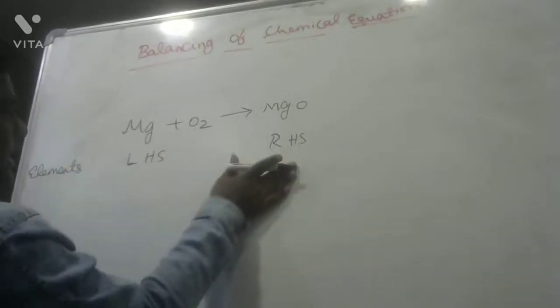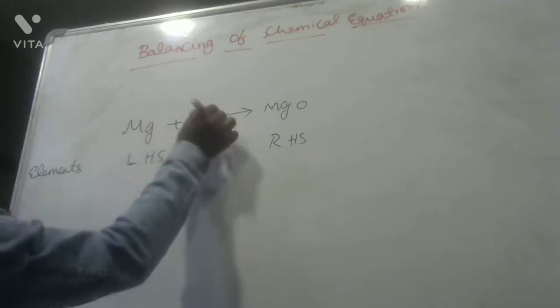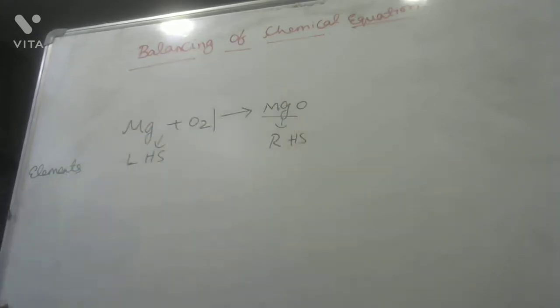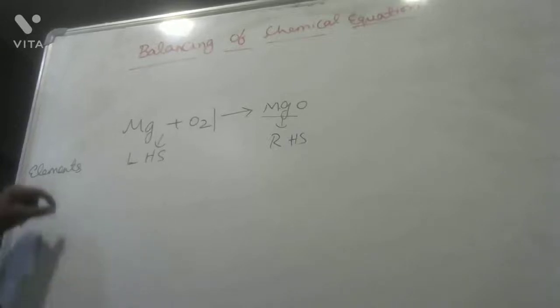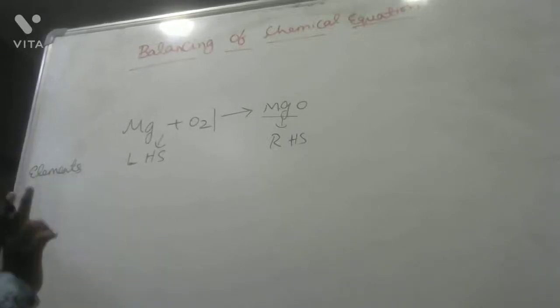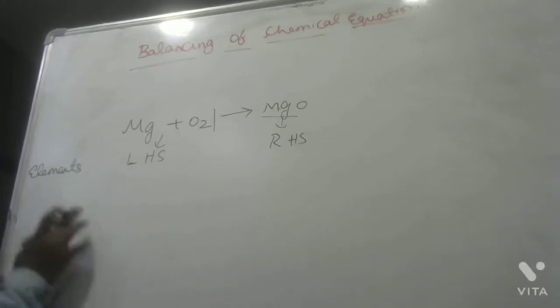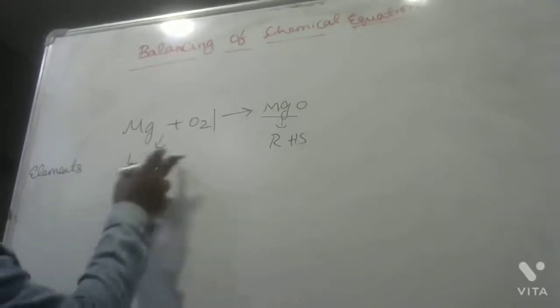Elements, LHS, RHS. LHS is the reactant side and RHS is the product side. Now, this first step was to make a small table-like structure and give the side headings elements, LHS, RHS.